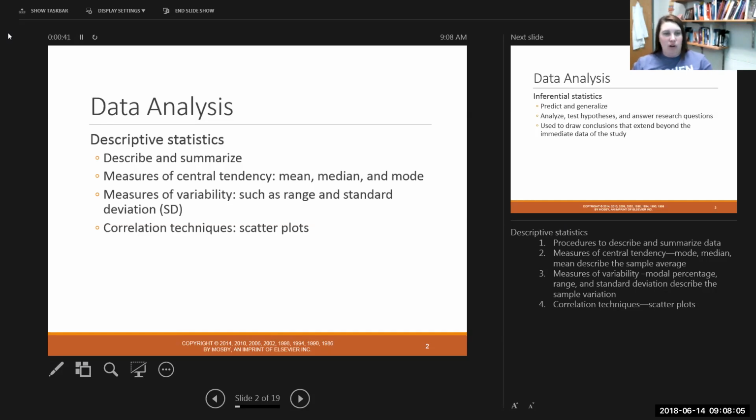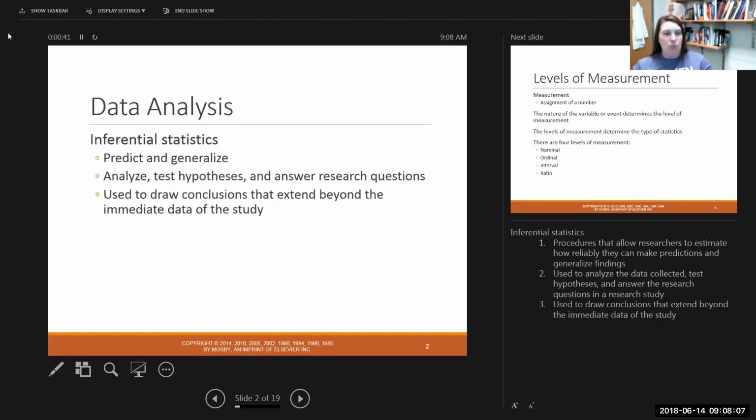And then we have what are called inferential statistics, which are where we are working to predict and generalize, analyze test hypotheses, answer research questions. We're using these to draw conclusions that extend beyond the data of the study.